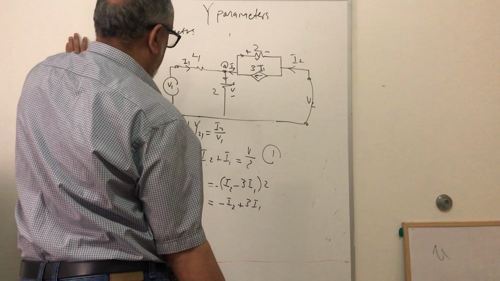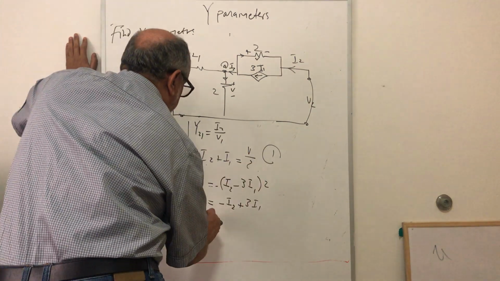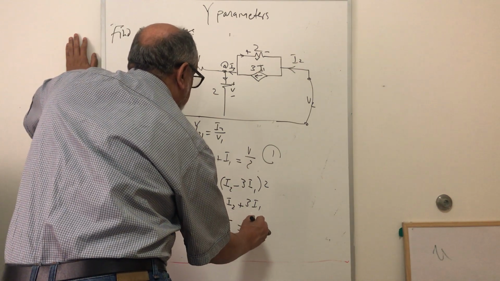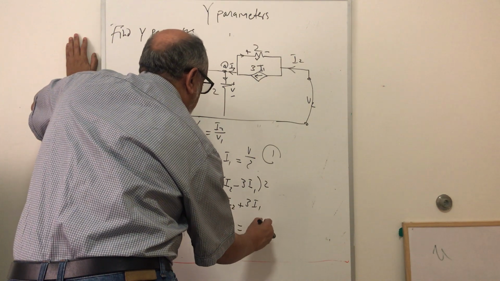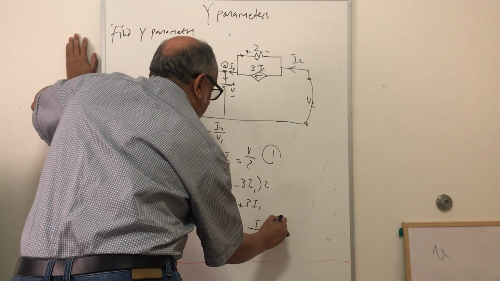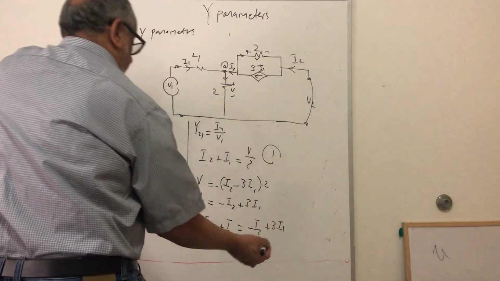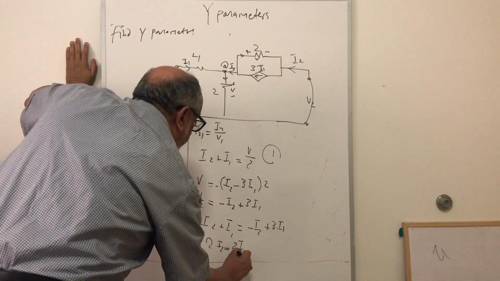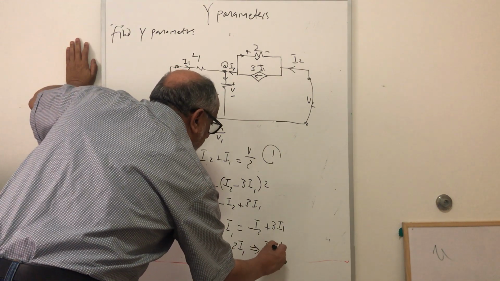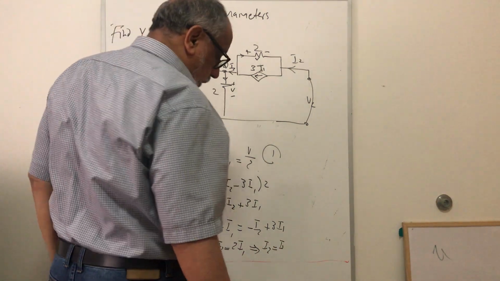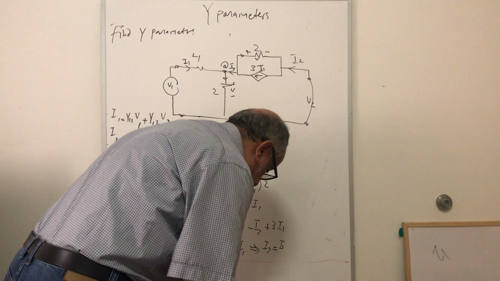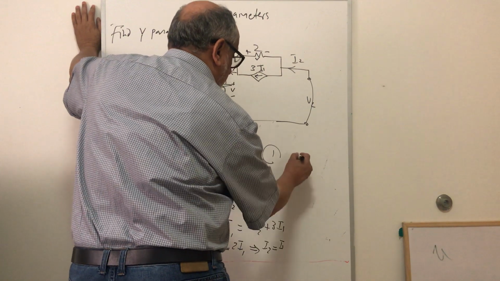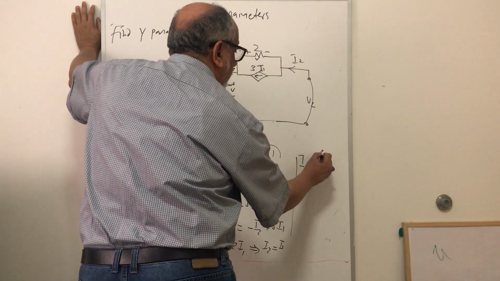So if we sub here, then we can say I2 plus I1 equal to minus I2 plus 3I1, or we can say 2I2 equal to 2I1, from which we can say I2 equal to I1. From the previous one, I1 equal to V1 over 8.